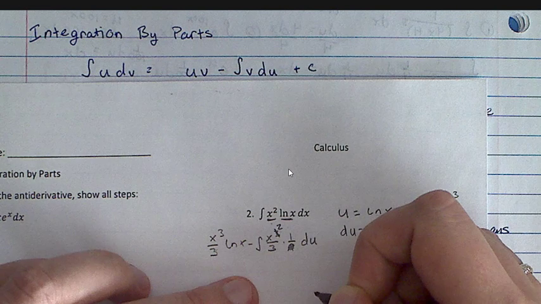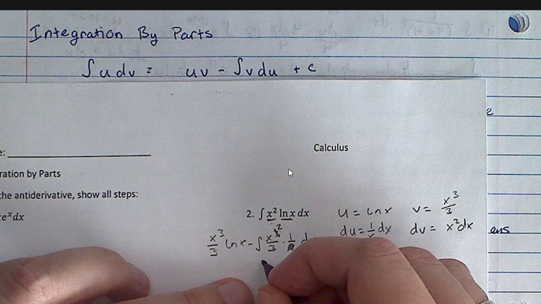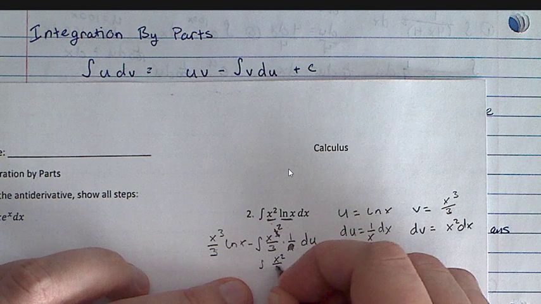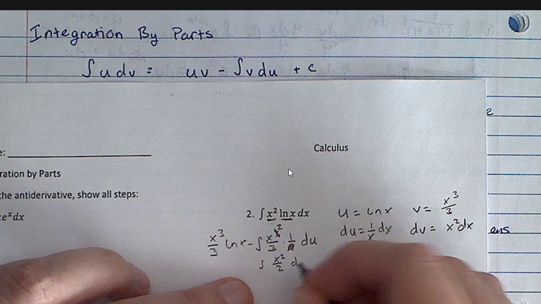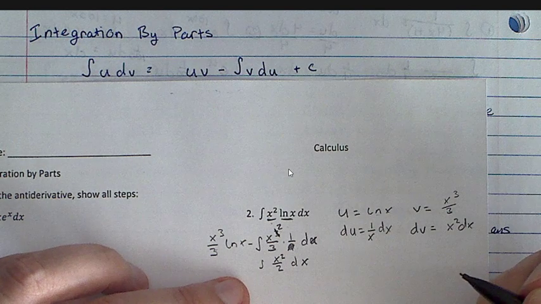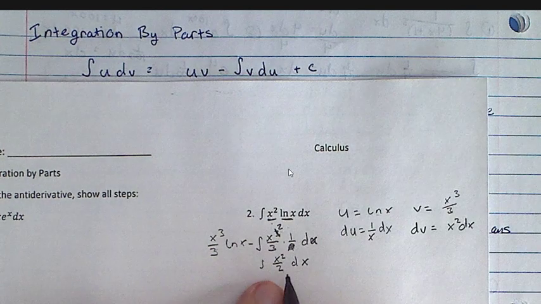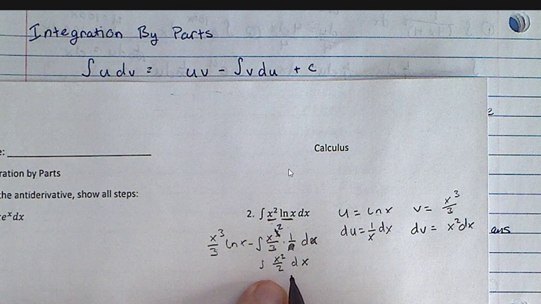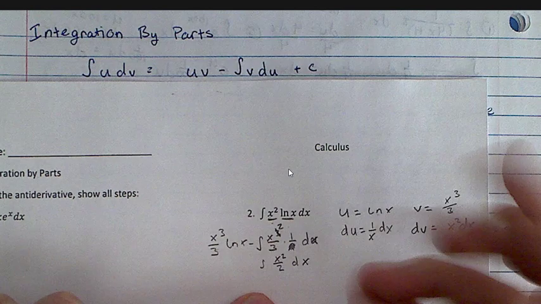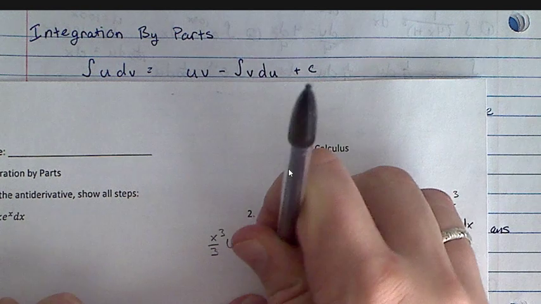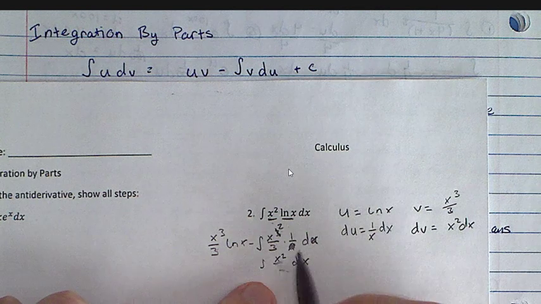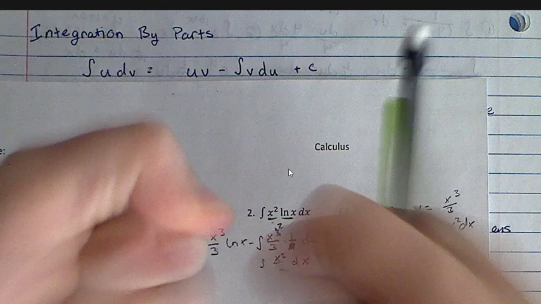So I'm left with just the integral of x squared over 3 dx. This shouldn't be du, this should be dx, sorry. Now, I can actually just plain integrate this, can't I? And then I just put it all together.